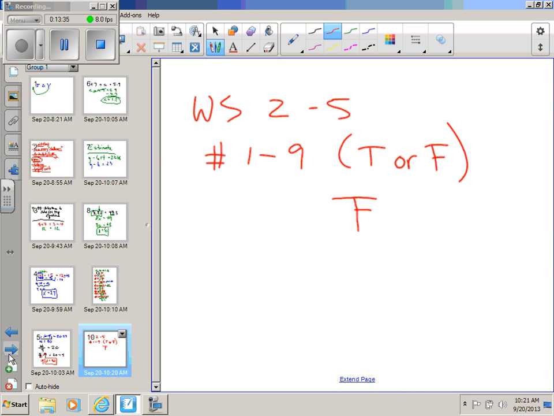22 through 30. Estimate the solution of each equation. Just look at 22. 6d equals 75. In other words, you would have to divide both sides by what if you wanted to isolate the variable d? 6. Is 75 divisible by 6?